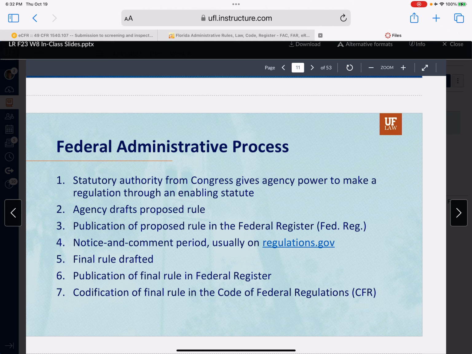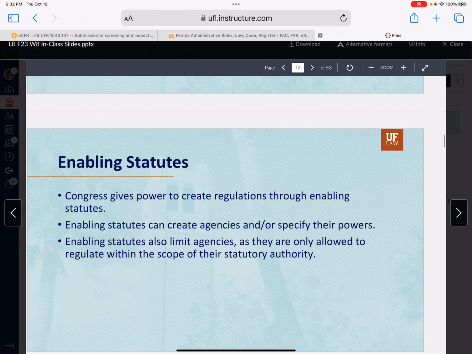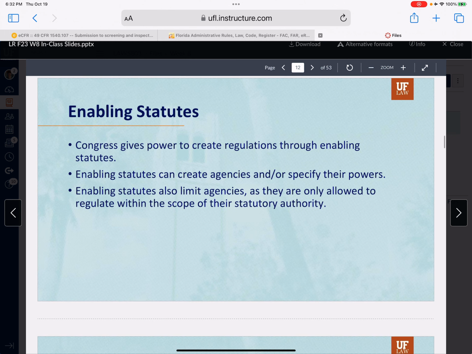So these processes are very similar. Enabling statute is the first step. Congress gives the power to create the regulations. They can also use an enabling statute to create the agency in the first place, specify their general or limited powers.